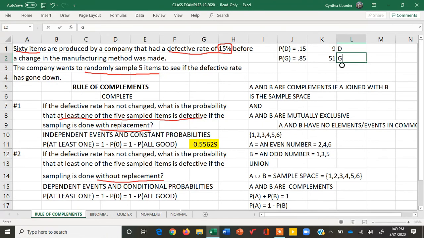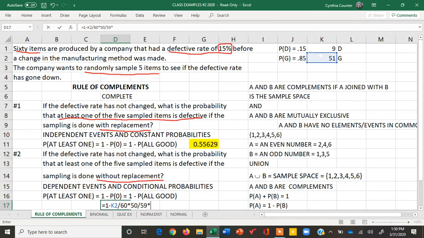We're now ready to compute the probability of at least 1. So let's see, we got equals 1 minus the probability the first item is good is 51 out of the 60 total items. And then the probability the second one is good, since a good one has been removed, there are now 50 good items out of 59 remaining items.